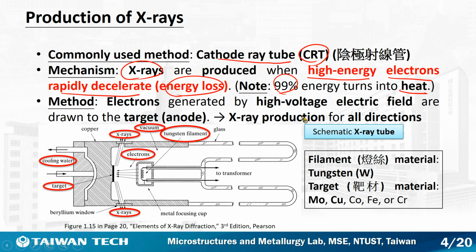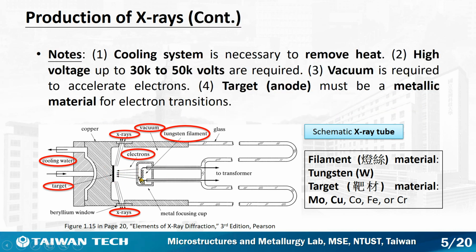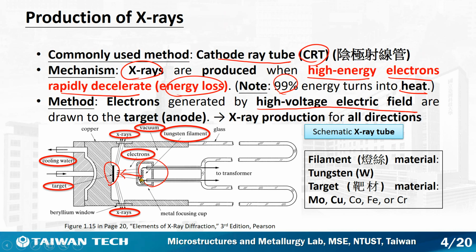For the method, you can see a CRT here. First, we use a high voltage electric field to generate electrons. You can see here, this is our target, and this is our tungsten filament, 灯丝. There will be a high voltage electric field here, and it will generate electrons that move from the tungsten toward our target.